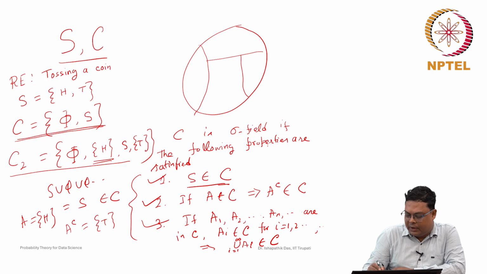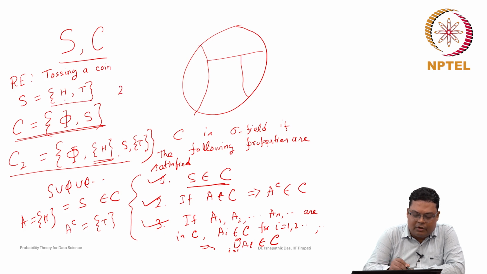We just mentioned the infinite collection, but if this property is satisfied then for a finite collection also it will be inside C. If you take H union T, that is nothing but S, and S union phi is S. So, all possible unions will be in C. That is why this C2 will also be a sigma field, because the third property is also satisfied.